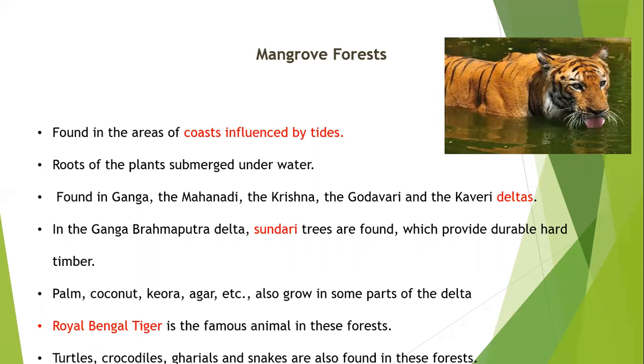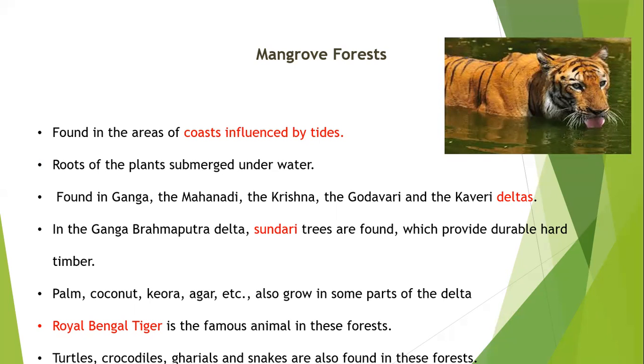Tidal forests are also found in West Bengal, coastal areas of Odisha, Andhra Pradesh, Tamil Nadu, Gujarat, Karnataka, Maharashtra, Kerala, and Goa. So, these are found in areas of coasts influenced by tides. The roots of the plants are submerged underwater.